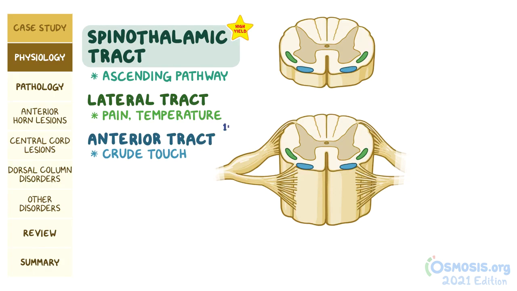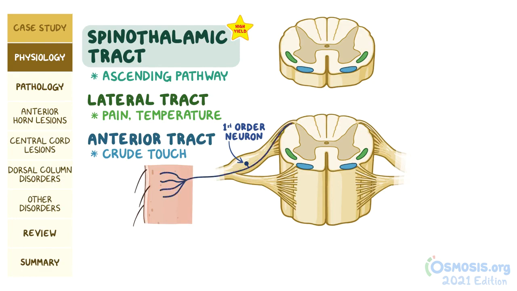For this to happen, a first-order neuron found inside a dorsal root ganglion carries sensory input from the skin to the dorsal horn of the spinal cord, where it synapses with the second-order neuron. And that neuron ascends 1 to 2 vertebral levels and decussates, or crosses, to the opposite side of the spinal cord via an area of white matter called the anterior white commissure.